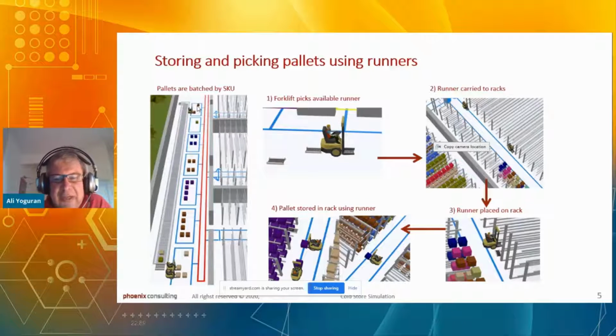On the other hand, you have to have enough pallets here to make better use of the runner. You don't want to put one runner here and then store one pallet and take the runner and move it again. No, you shouldn't do that. Once you put the runner here, you would like to store at least 5, 10 pallets to make good use of it. So this puts one more operational constraint on the process.